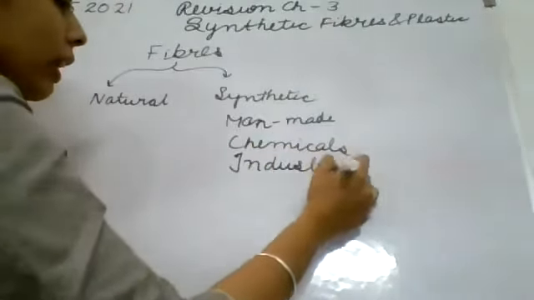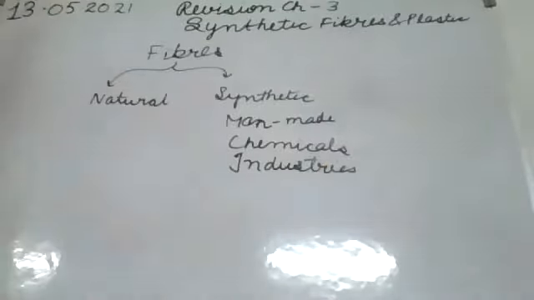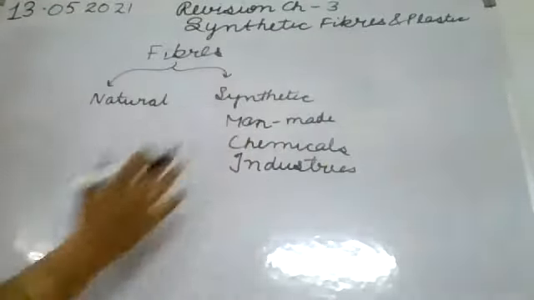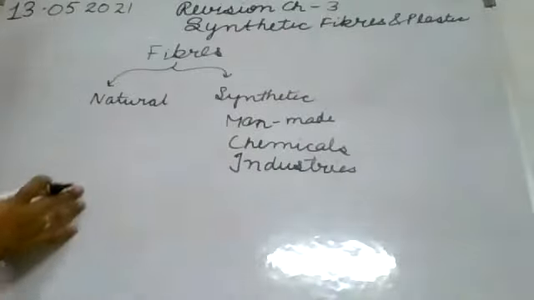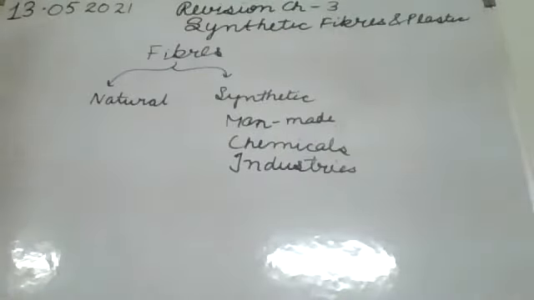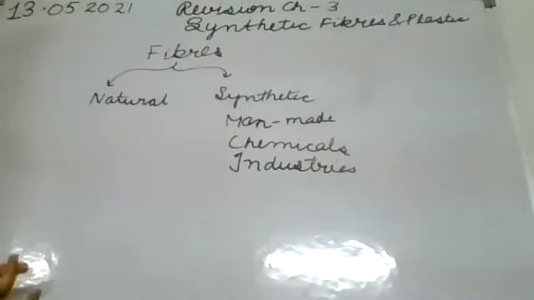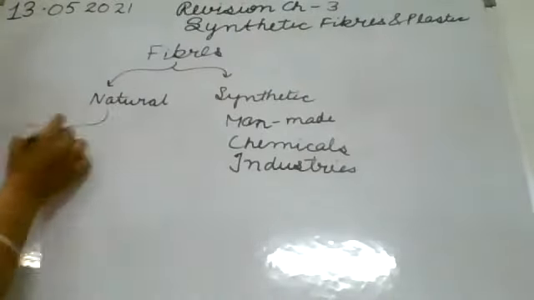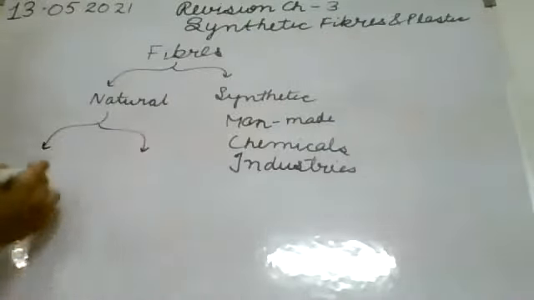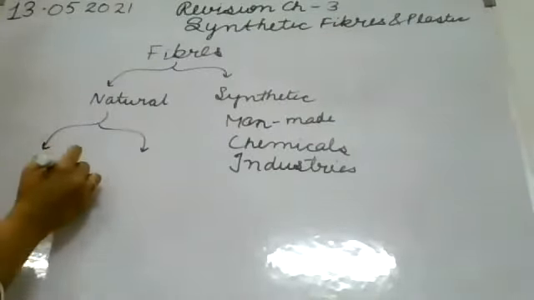Clear? And next, we will discuss only this synthetic part. We are not considering the natural fibers in this chapter, which you have done in class 7. Natural fibers, you all know, are fibers that we obtain from natural sources, that is plants and animals. Further, they are of two types, plant fibers and animal fibers.